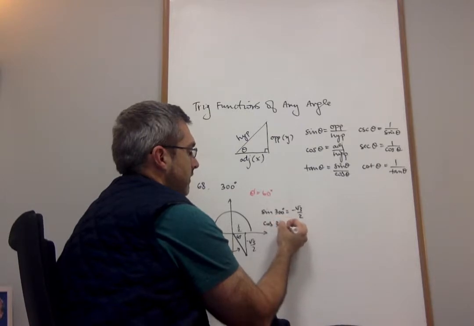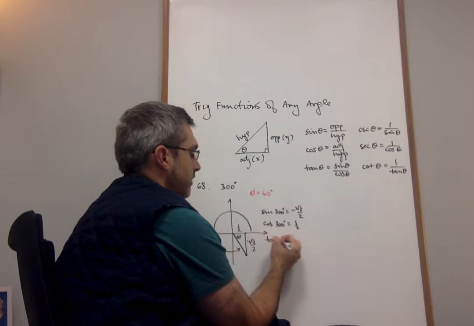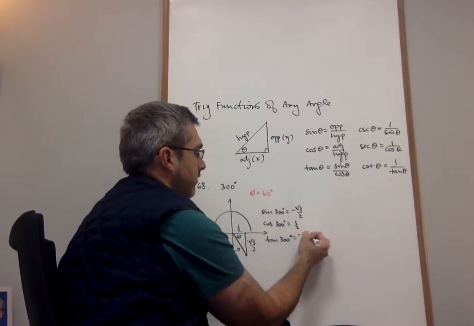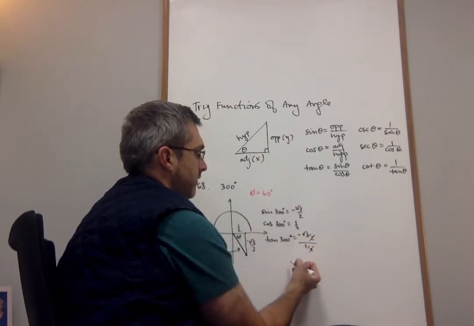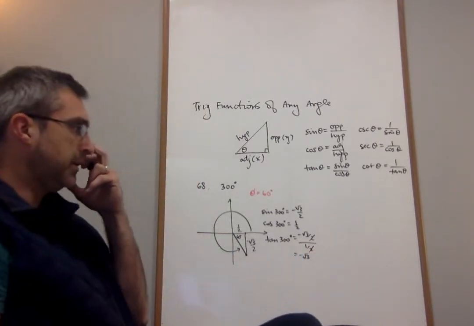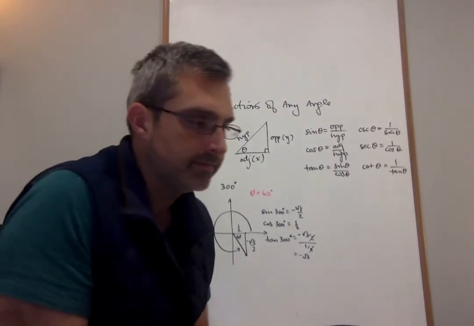The cosine is the x, that's 1/2. And then the tangent is sine over cosine. So negative root 3 over 2 over 1/2, and the halves cancel. So that's negative root 3. So that would be my answer for number 68. Okay?